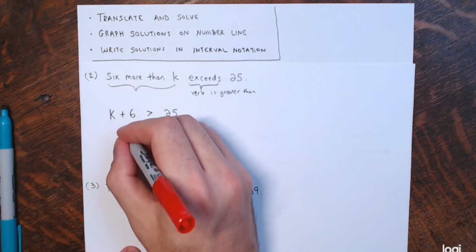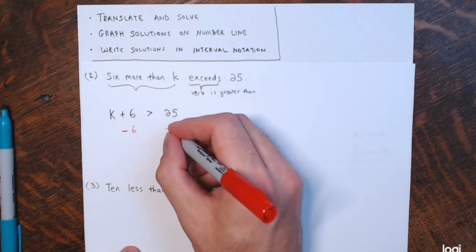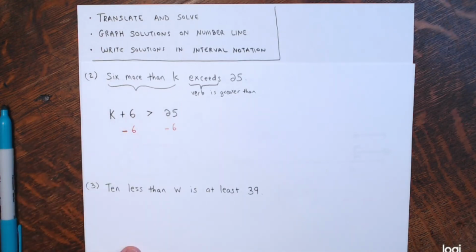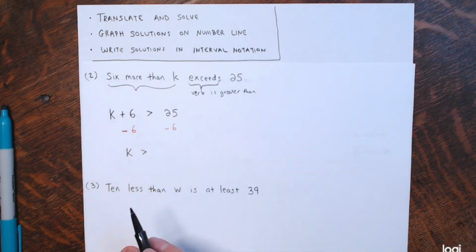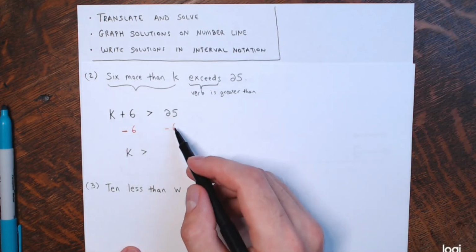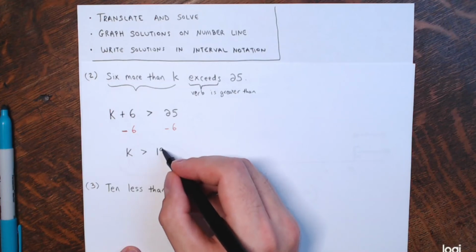I would just simply subtract 6 from both sides to get k alone on the left. So k is greater than, still greater than, because all I did was subtract. Right? I didn't multiply or divide by a negative number. And then 25 minus 6 is 19.